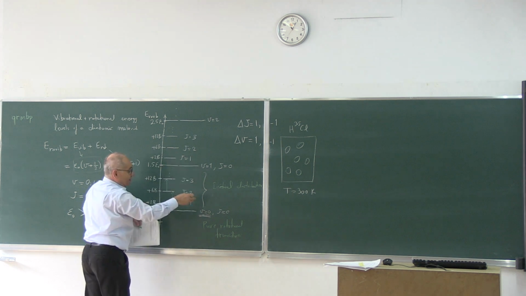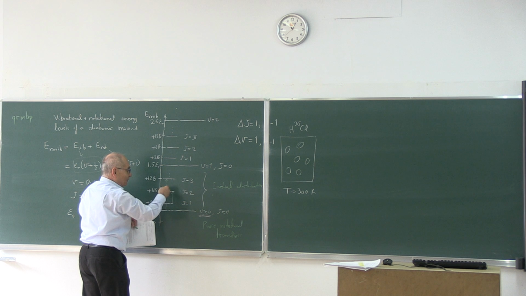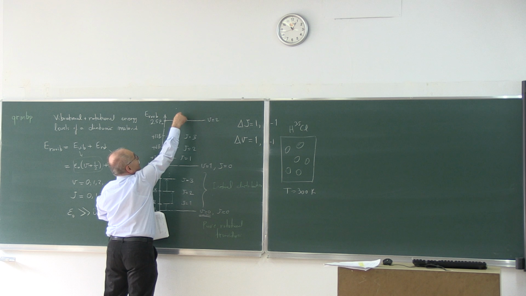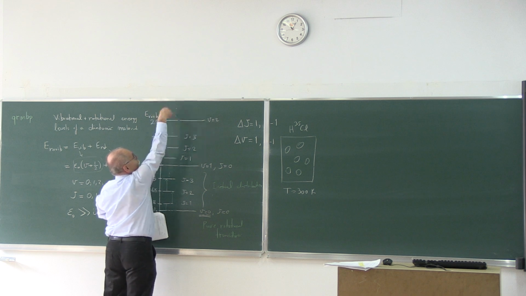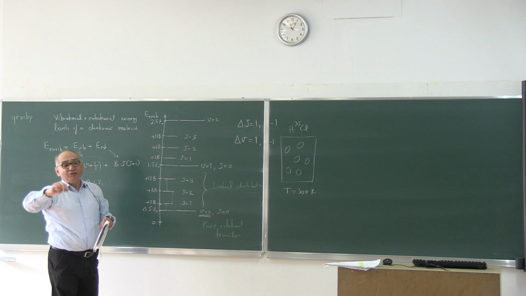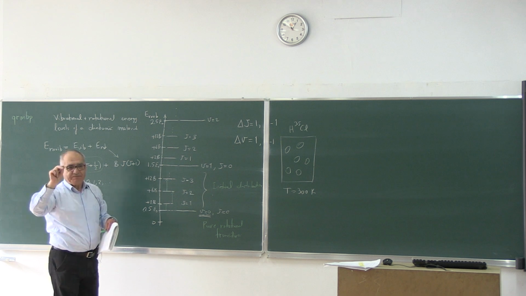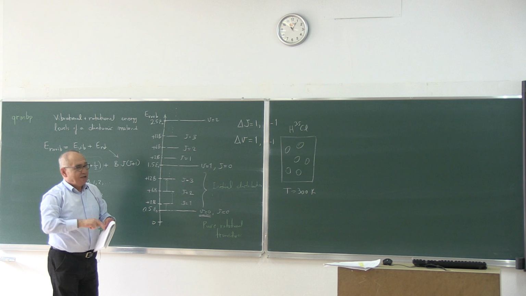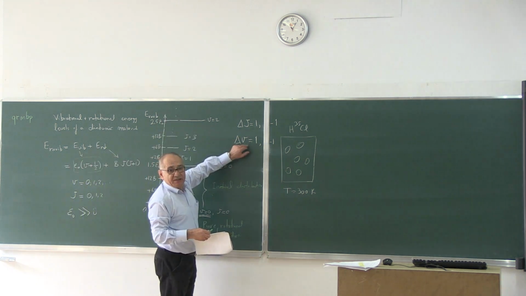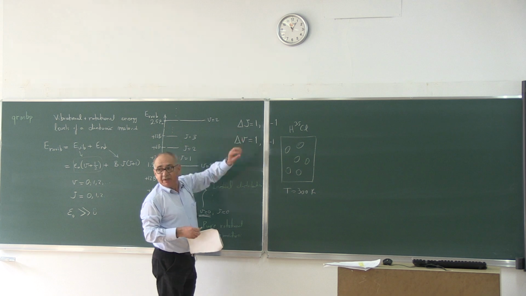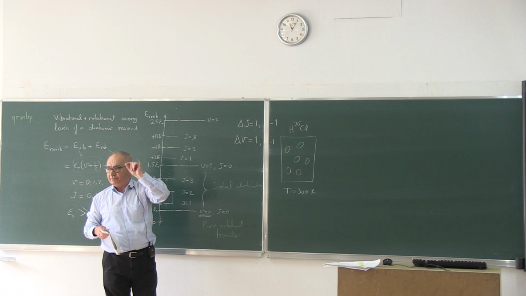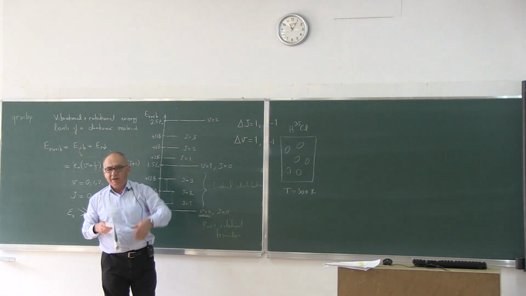But transitions from any one of these levels to V equals 2 or any higher vibration level are forbidden. No transitions will take place to the higher vibration levels because of this vibrational selection rule. The vibrational quantum number changes just by 1 unit in an optical transition.